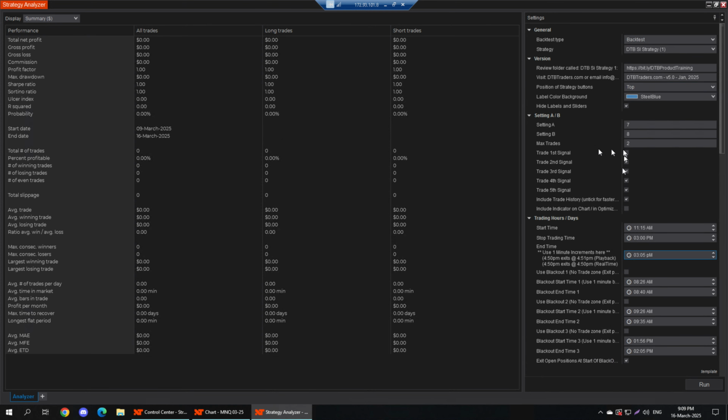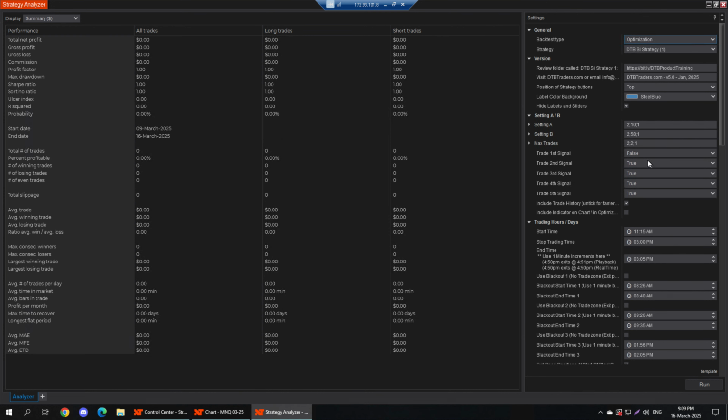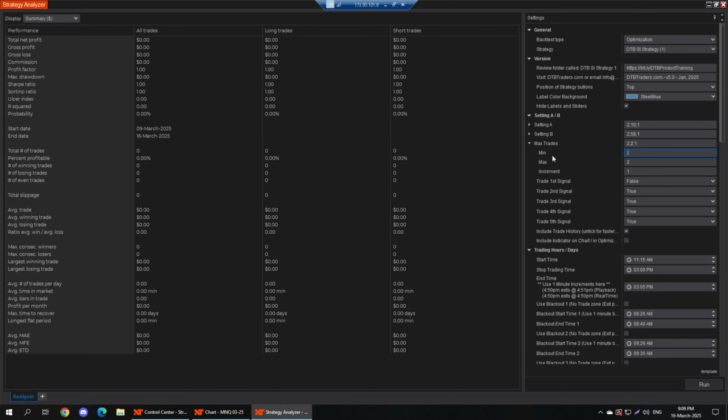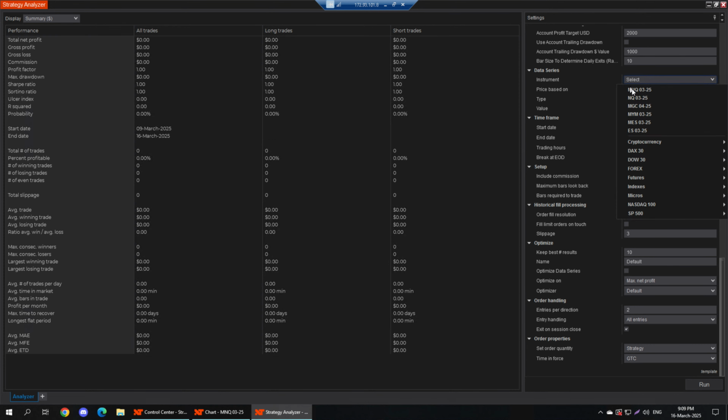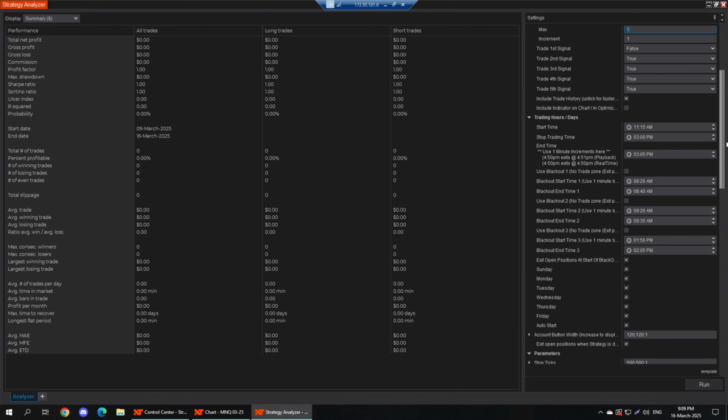And you know what? You only want to enter 1 trade in this one. Of course, you've got to select optimization, but you only want to select 1. You only want the strategy to enter 1 position, not 2 positions. Okay, and you might be doing this on NQ. I mean, you might decide to do this on NQ. In fact, let's have a look at NQ just for interest's sake.